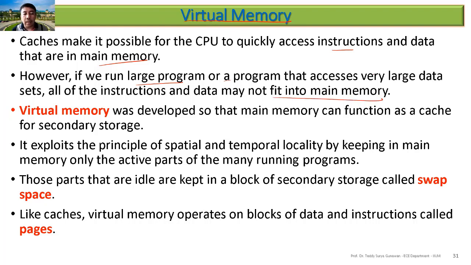So that is another limitation of the von Neumann architecture. So what we have here is virtual memory, but virtual memory needs to be supported by the CPU.